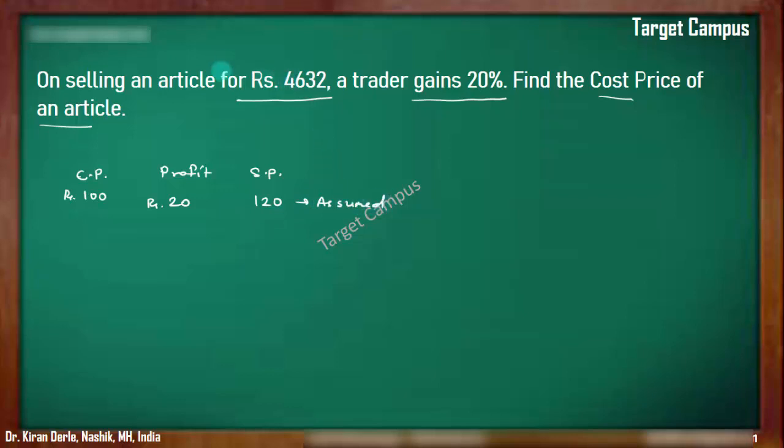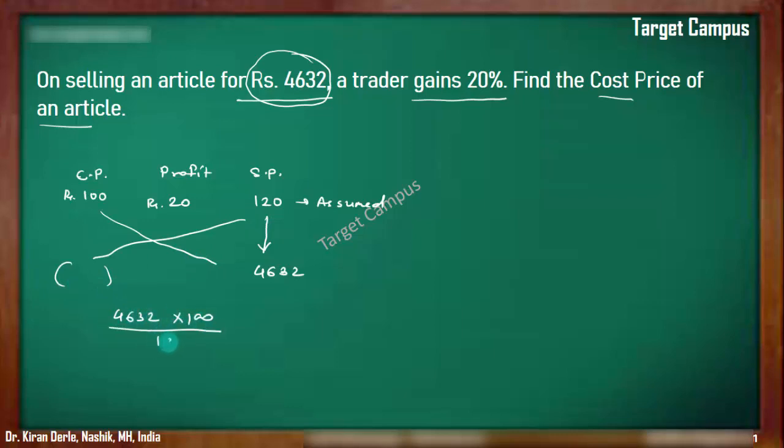So this is our assumed case. What is the actual selling price of this trader? It is 4632 after getting 20% profit. So this 120 is actually equivalent to 4632. What is asked? Cost price. So this becomes 4632 into 100 upon 120.